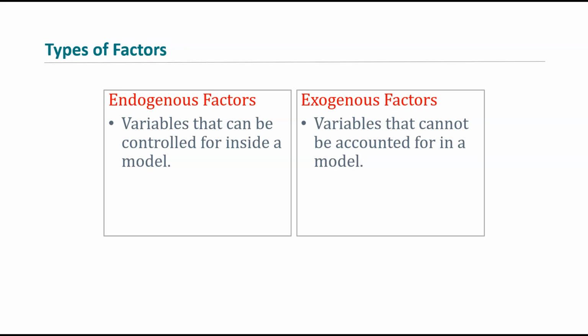So in our model for studying the relationship between gas prices and sales of hybrid automobiles, you would definitely want to include gas prices as an endogenous factor, a variable that you are controlling for using statistics because you want to see that relationship. You probably also want to include some measure of overall economic situation.